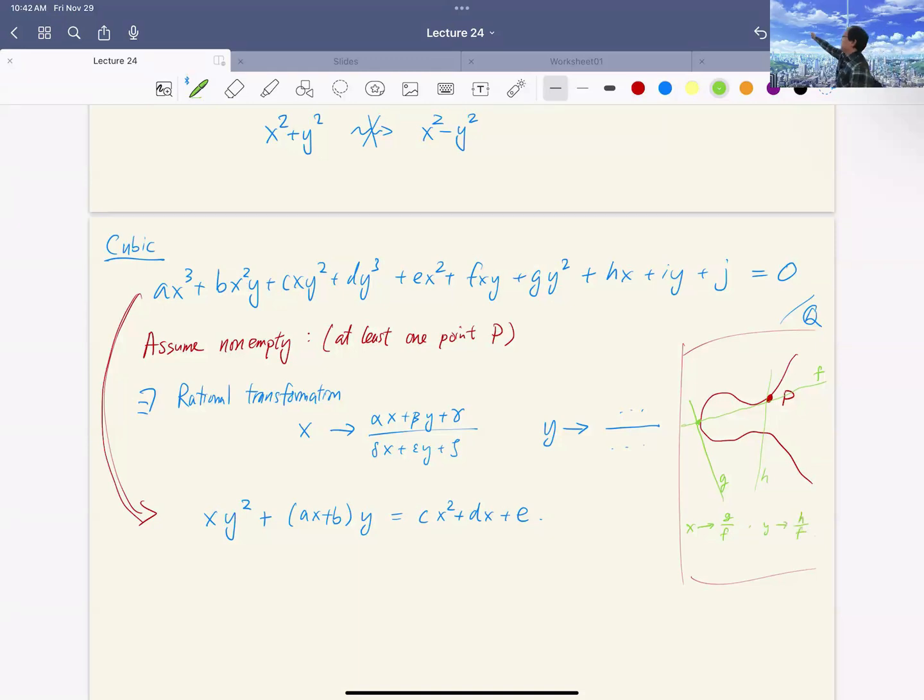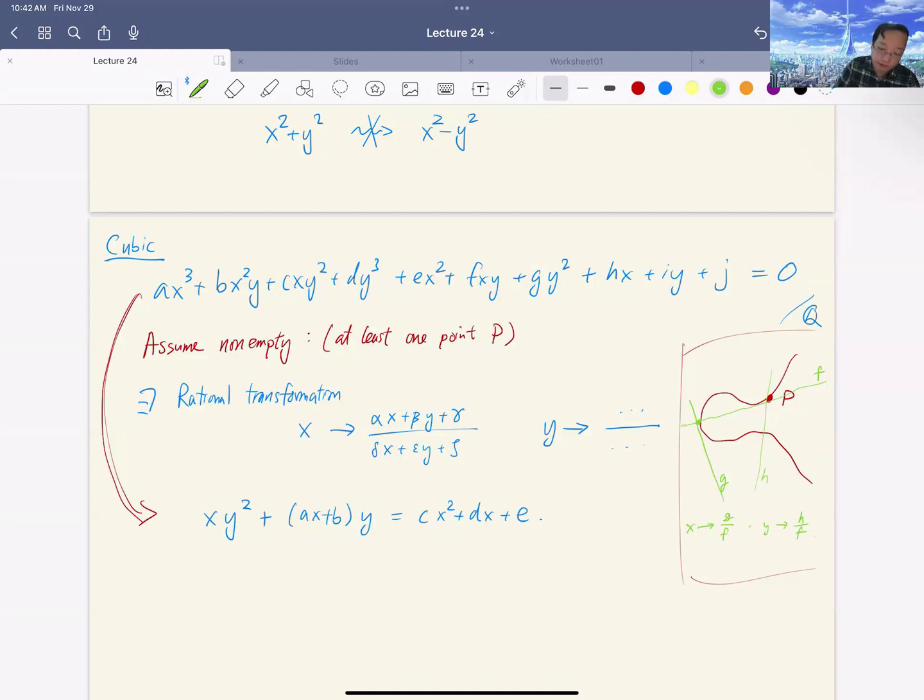So that's how you compute this linear thing. G is the tangent line to that point, f is the tangent line to P, and h is any line passing through P. If you do this transformation, then some magic happens for geometric reasons, and you get to this simpler form.